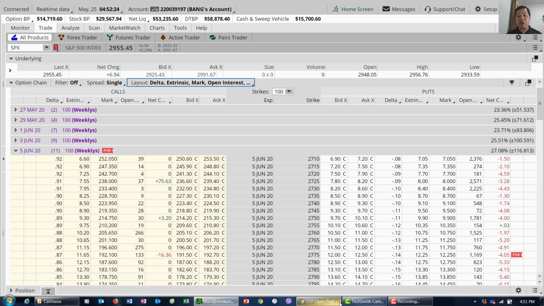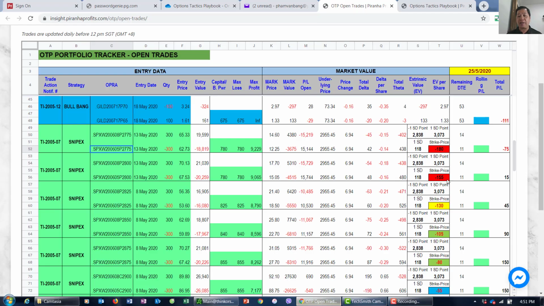What I use my formula in my trackers for is to simulate that. I got a very close number, which is 118. Plus or minus a few points doesn't matter. And every day I will update this using my formula.